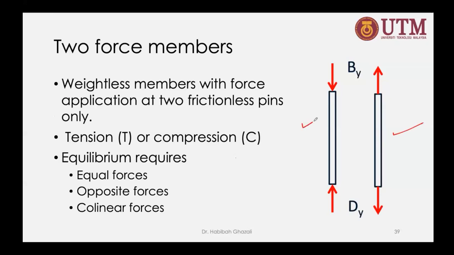If it's going to compress it, shorten it, it is in compression. So equilibrium for this member requires the forces to be equal but opposite in direction, and they also need to be collinear.